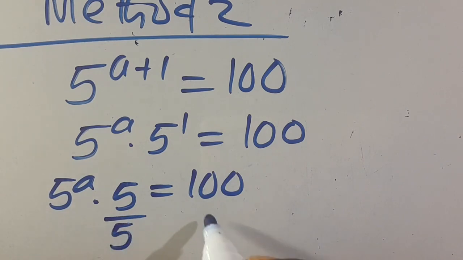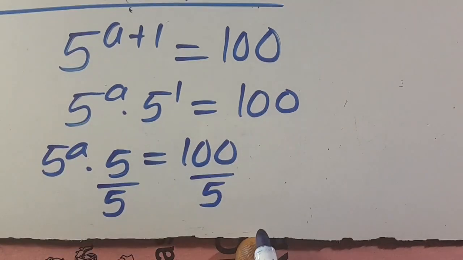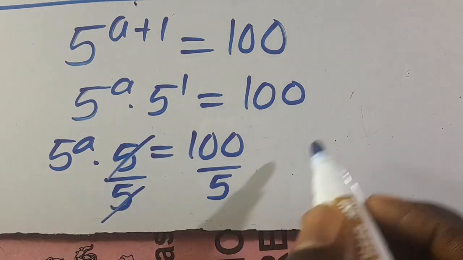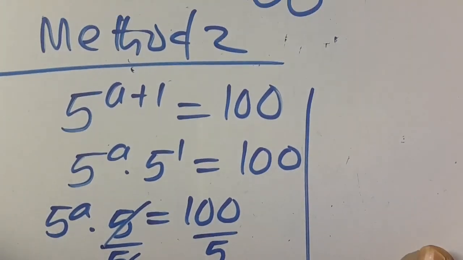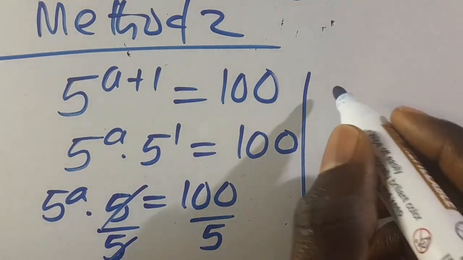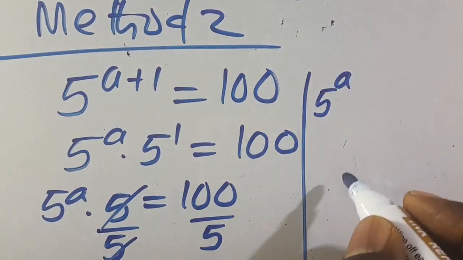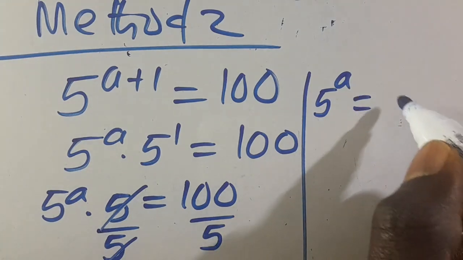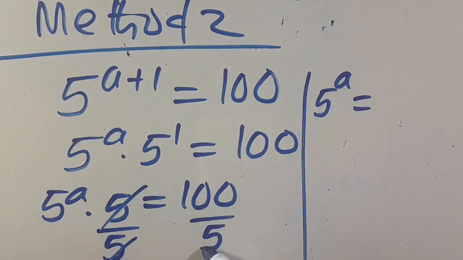Divide this by 5, then this and this will cancel. So we have 5 to the power of a equals 100 divided by 5, which gives us 20.